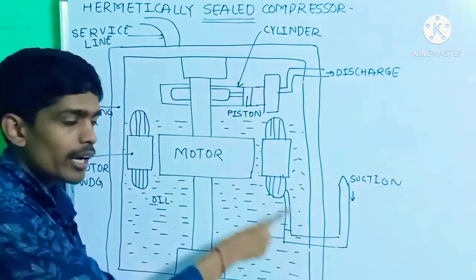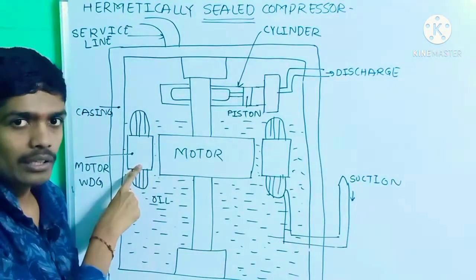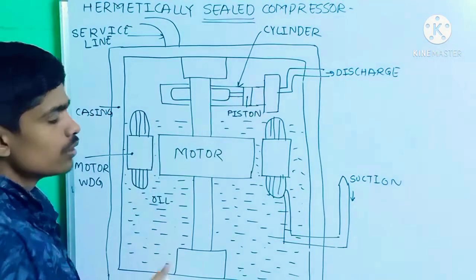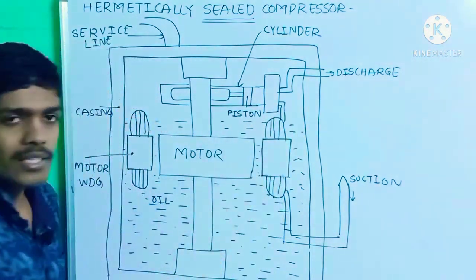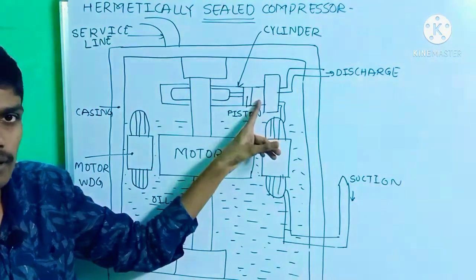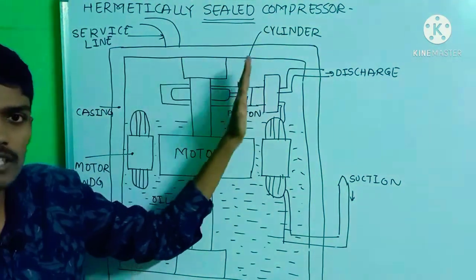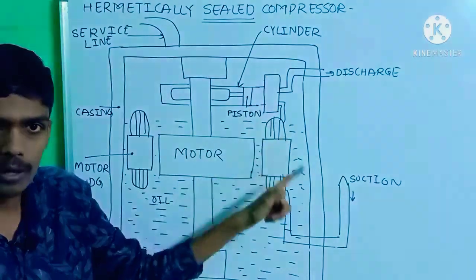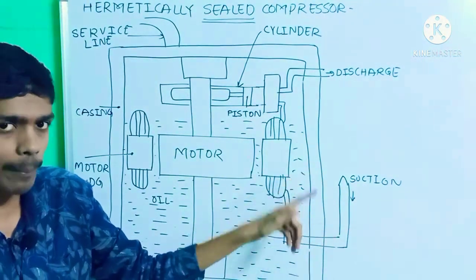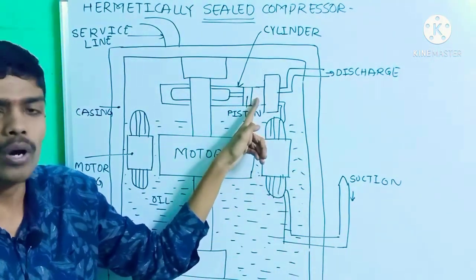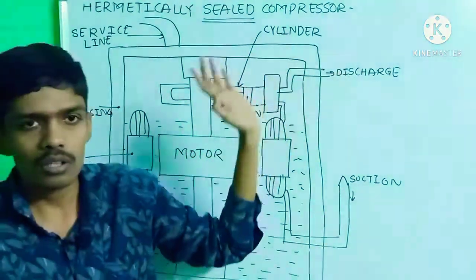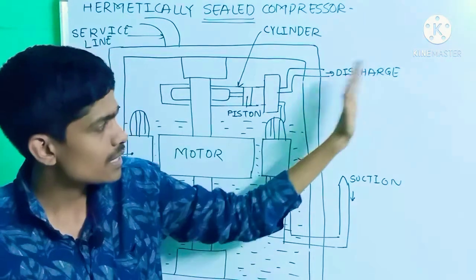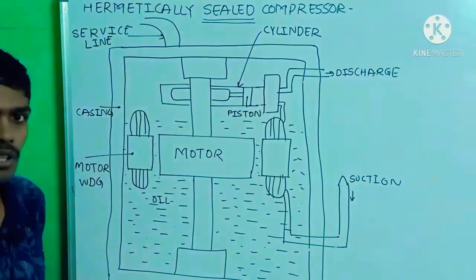This vapor refrigerant helps to cool the motor and motor winding. Then it is sent into the cylinder, where the piston, with its reciprocating motion, compresses the low temperature low pressure vapor refrigerant to high pressure high temperature, and then it is discharged through the discharge line.